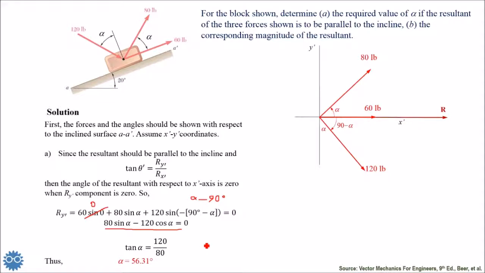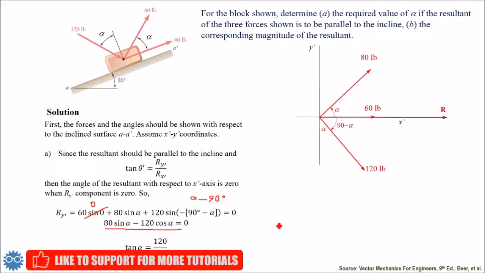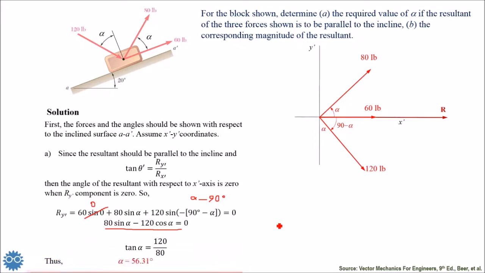Now we know alpha, so no problem. We can compute the magnitude of the resultant force by using the x component, because now we know that the resultant has only an x component, since its y component is 0.